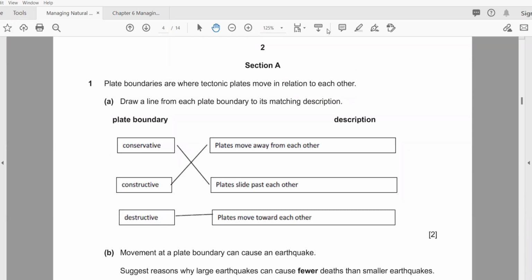Now, next, the movement at a plate boundary can cause an earthquake. Suggest a reason why a large earthquake can cause fewer deaths than a smaller earthquake. What do you think?